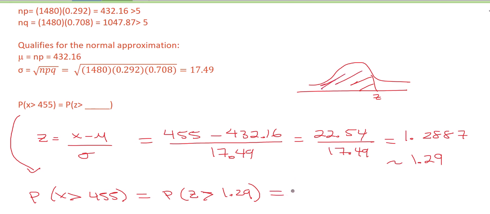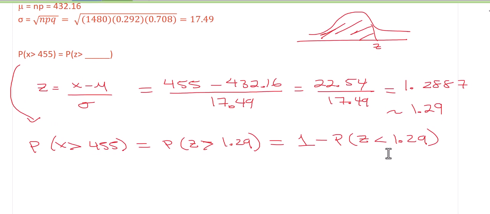So this is the same thing as saying 1 minus the probability that z is less than 1.29. So if you're looking up the tables, this will be the z-score that you look up, 1.29, to get that probability, that area under the curve. So let's practice doing that, and then we'll do it with StatCrunch also.